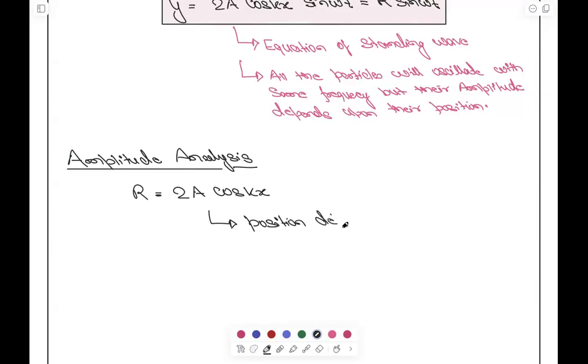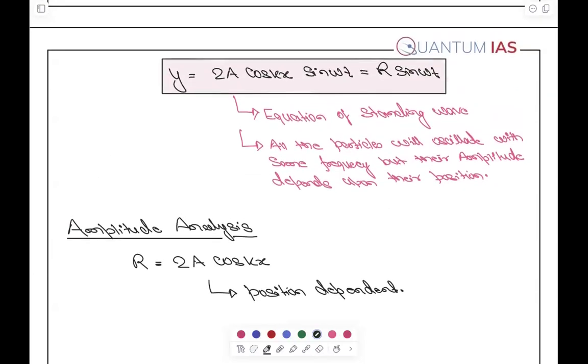See, what is amplitude? Maximum displacement of the particle. I'm not talking about the displacement. Please do not confuse this. Y is displacement.